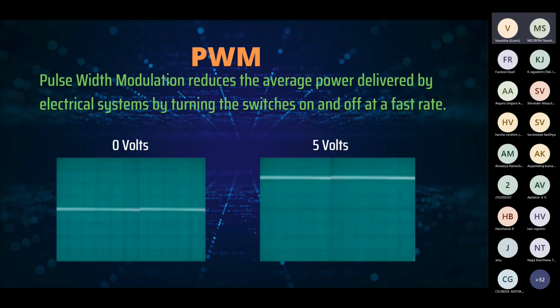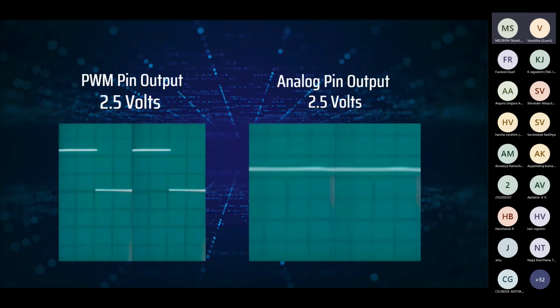The fraction of the time period for which a switch remains in the high state is referred to as the duty cycle. Hence, in this diagram, we can find that for 50% of the time period the state is high, and for the rest 50% of the time period the value is low.